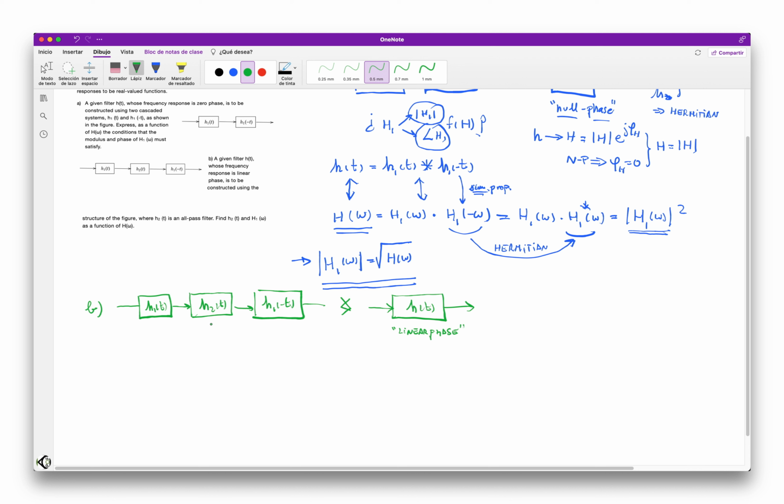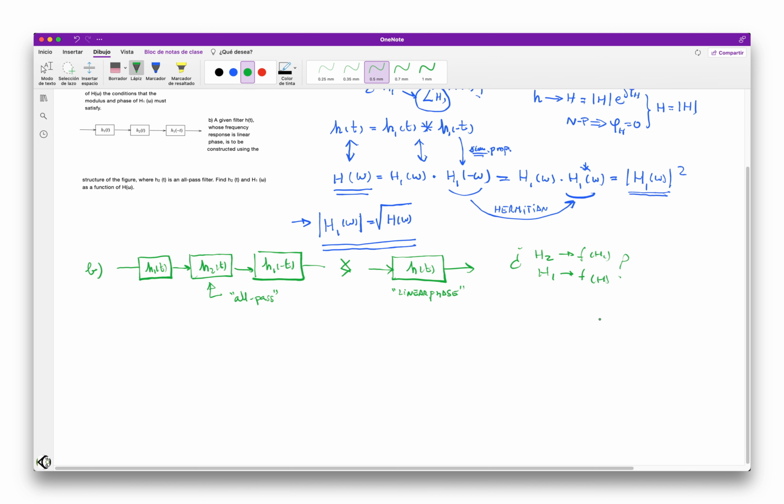And they give us another condition: h2 has to be of the type all pass. And again, they ask us the relationship between h2 and h1, and also the relationship of h1 as a function of h.